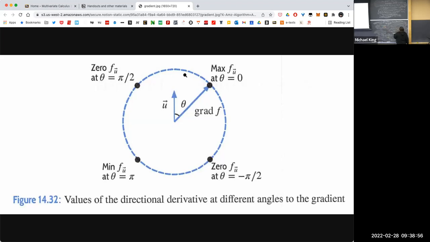Let me label these contours. Let's just say this is height 5, 6, 7. I guess this is a hill, so it's like that. Sort of saying this is some peak and then it's going down on either side. Then I can just start drawing gradient vectors all over the place.